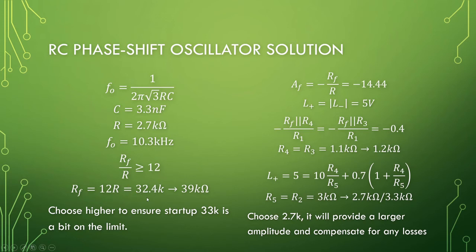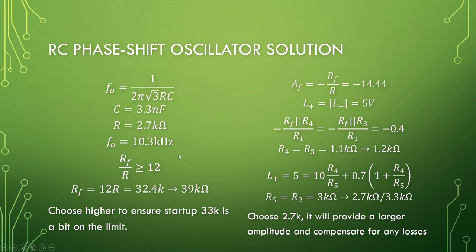This gives us 32.4 kilohms. 33 would be the obvious choice for RF to ensure that we have a gain of 12. But I would rather go to the 39, which will ensure that our oscillator will start up. 32.4 to 33 kilohms is a bit on the edge.